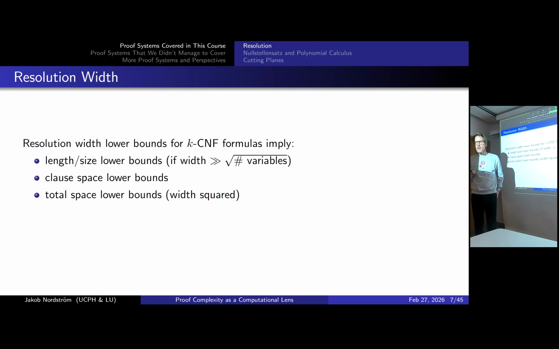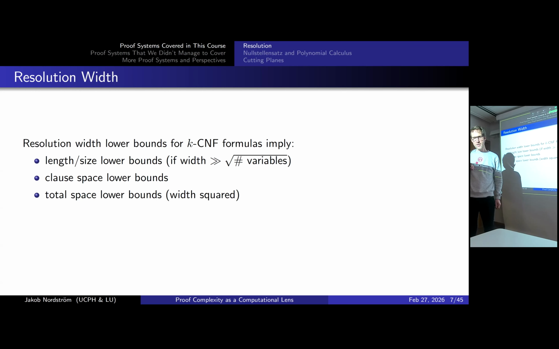We saw that width is perhaps somewhat surprisingly a really powerful tool for understanding resolution. If the width is asymptotically significantly larger than the square root of the number of variables, like number of variables times log number of variables, then you get super-polynomial length lower bounds.